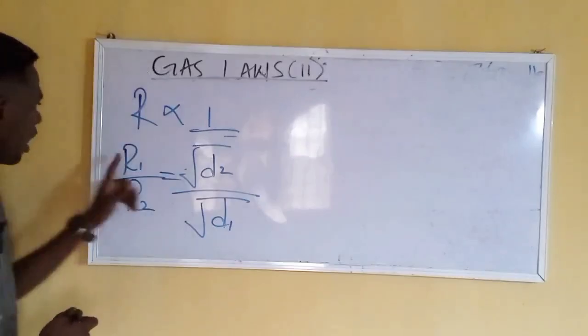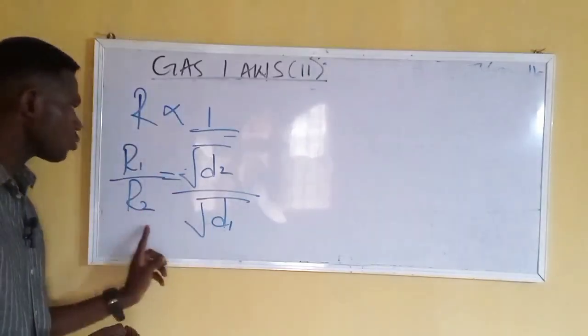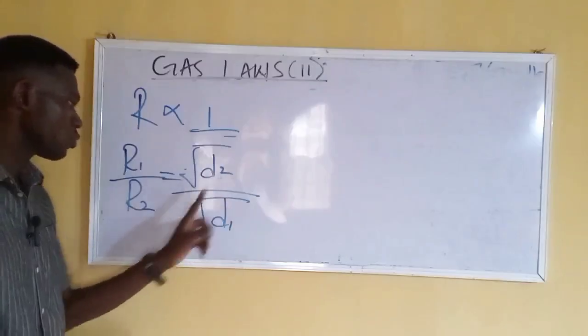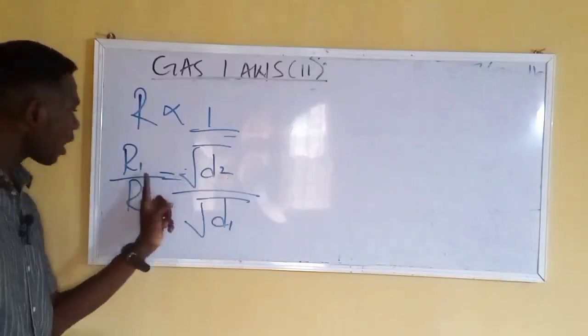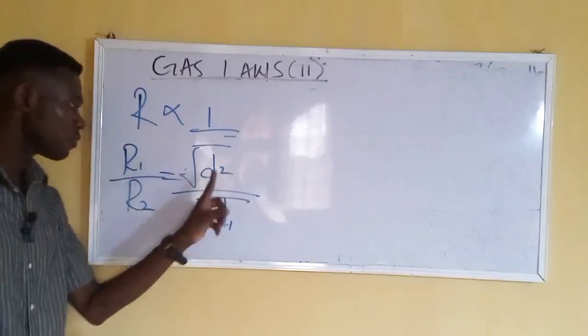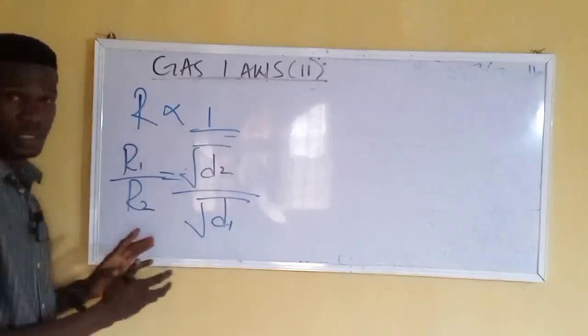What does this mean? R1 is inversely proportional to the square root of D1 and R2 is inversely proportional to the square root of D2. So as you can see, it is not R1 equals the square root of D1. It is R1 over R2 equals the square root of D2 over the square root of D1. So that is how it is indicated.